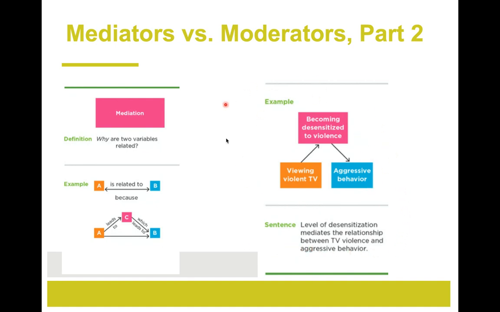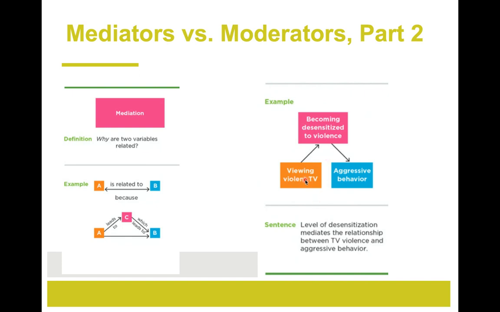An example here would be, does viewing violent television, that's A, our orange box, relate to aggressive behavior? And it's because viewing violent television causes you to become desensitized to violence, possibly.